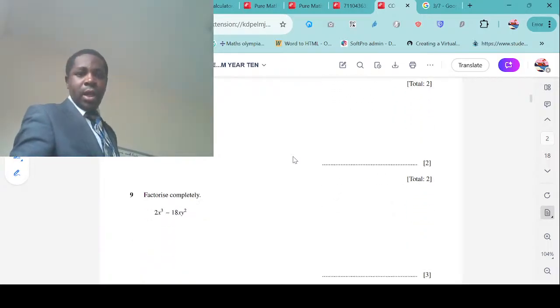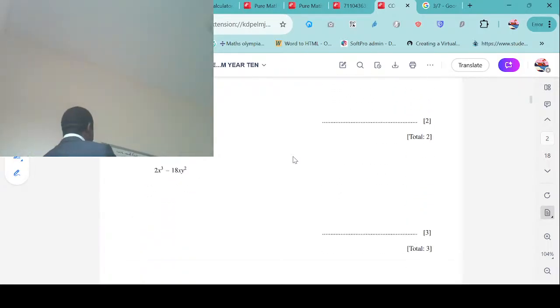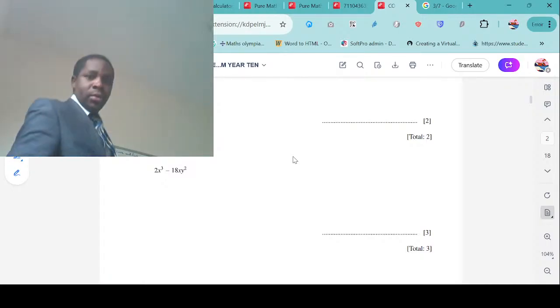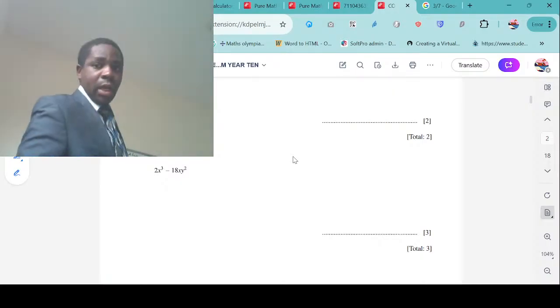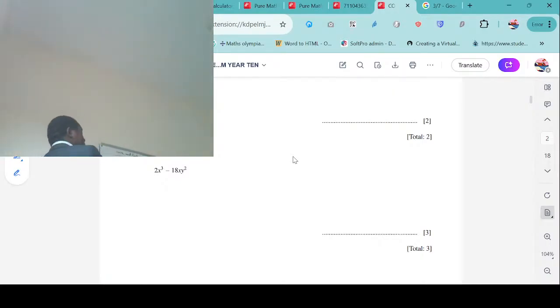Alright, question 9. Factorize completely 2x cubed minus 18xy squared. All we need to do is to use the highest common factor. First start with the numbers. The HCF of 2 and 18 is 2.